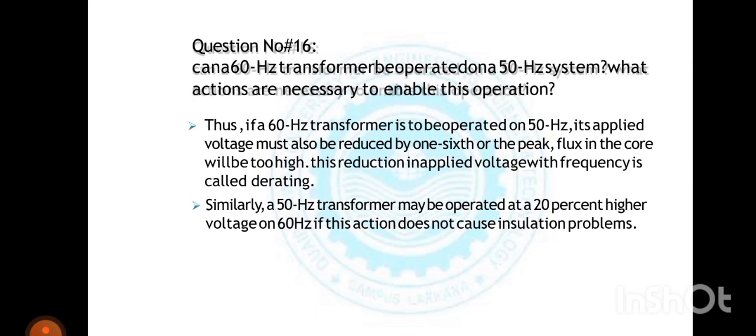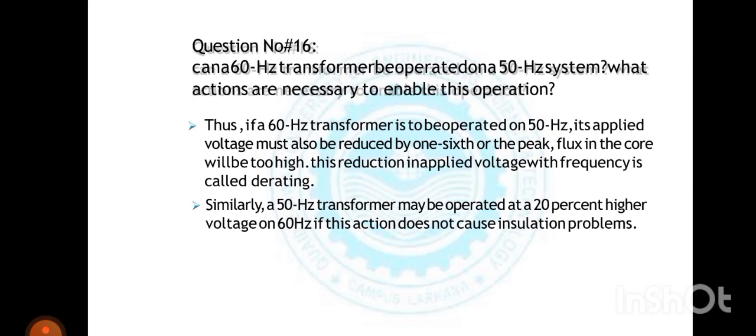Question number 16. Can a 60 Hz transformer be operated on a 50 Hz system? What actions are necessary to enable this operation? If a 60 Hz transformer is to be operated on 50 Hz, its applied voltage must also be reduced by one-sixth, otherwise the flux in the core will be too high.